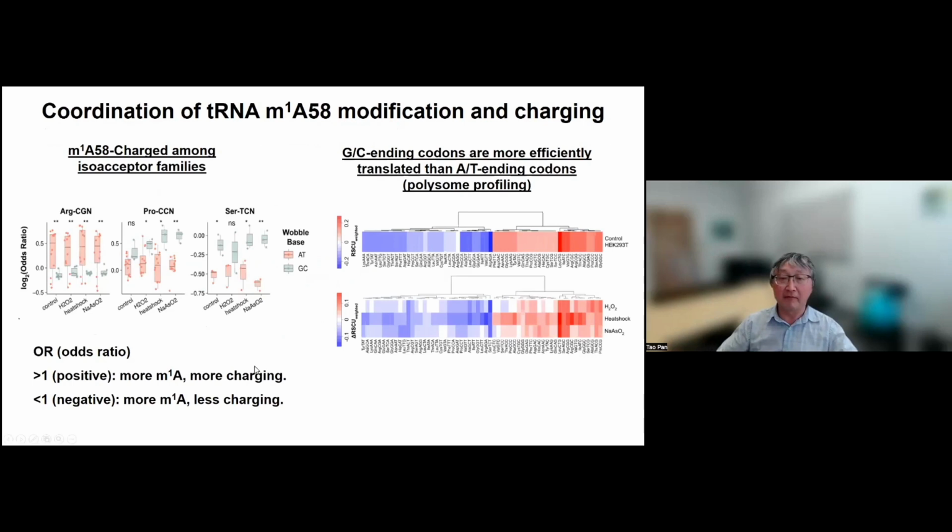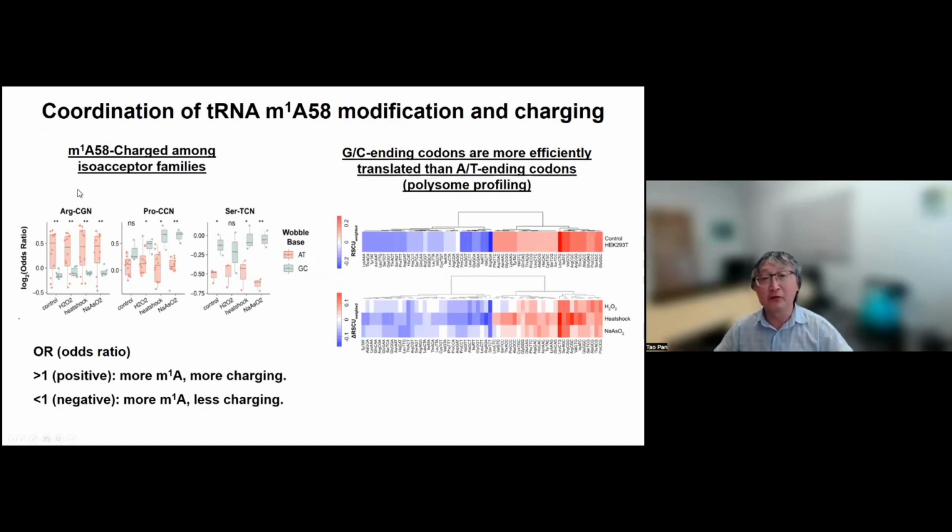So here's my penultimate slide, I think. What we're looking at here is a coordination of tRNA m1A58 modification. This is a very common modification, in the T loop of tRNA, against charging level. And I just want to point out that if you look at the isoacceptor families of tRNAs that either have a wobble position of A/U or G/C, we get a very strong separation between those two.